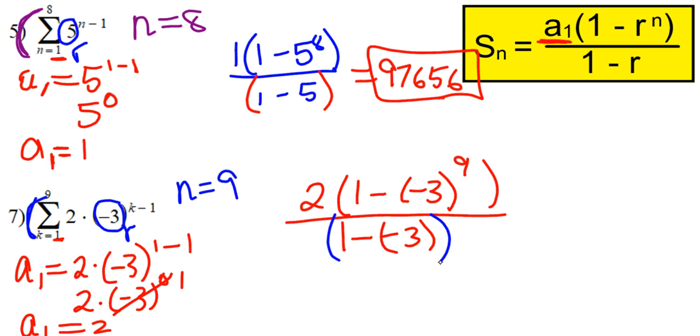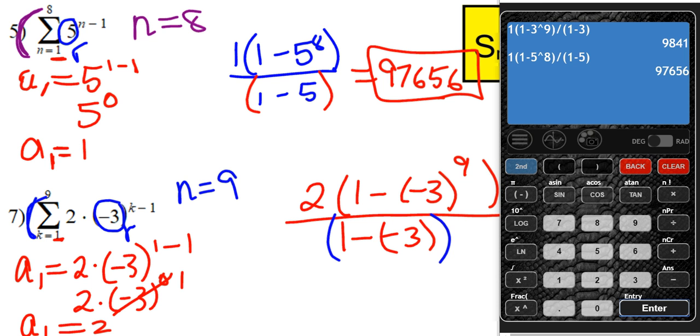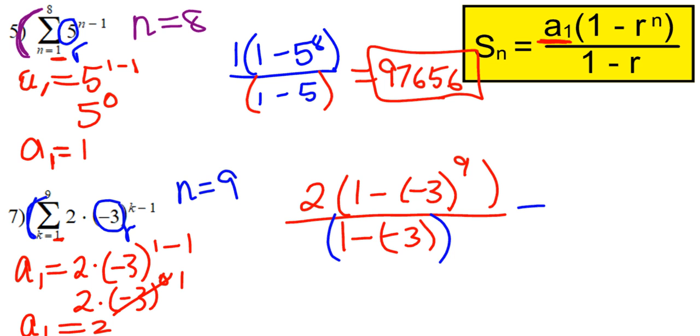Put the bottom in parentheses or you're going to get it wrong. So 2 times parentheses 1 minus, put the negative 3 inside parentheses, and then raise it to the 9th power and close off the top. Divide by parentheses 1 minus parentheses negative 3. That gives 9,842.